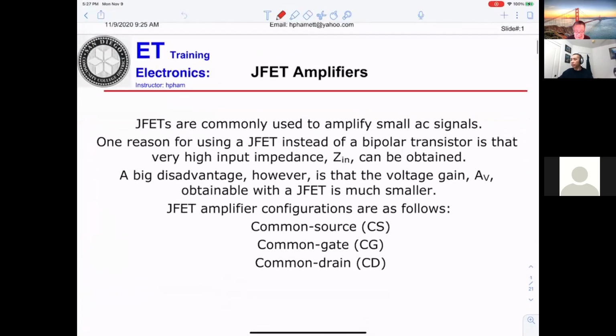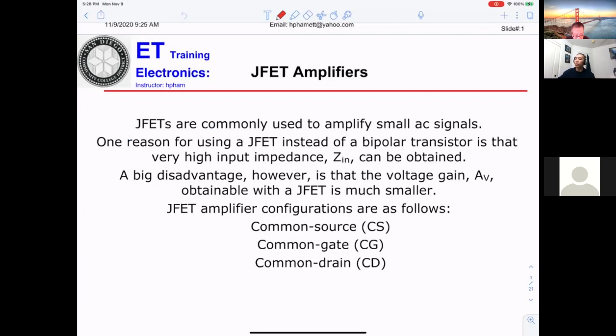Okay, so today we're talking about the JFET amplifier. JFETs are commonly used to amplify small AC signals. One reason for using a JFET instead of a bipolar transistor is that very high input impedance can be obtained.